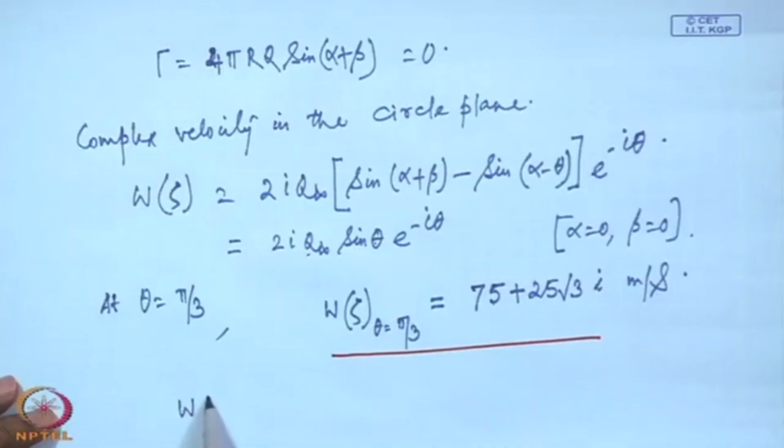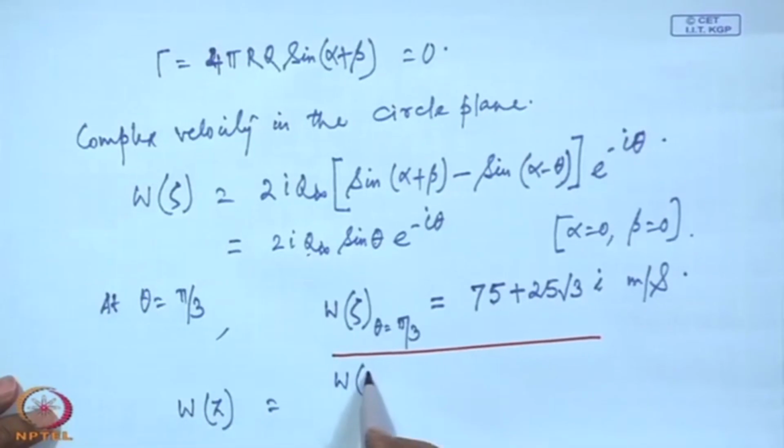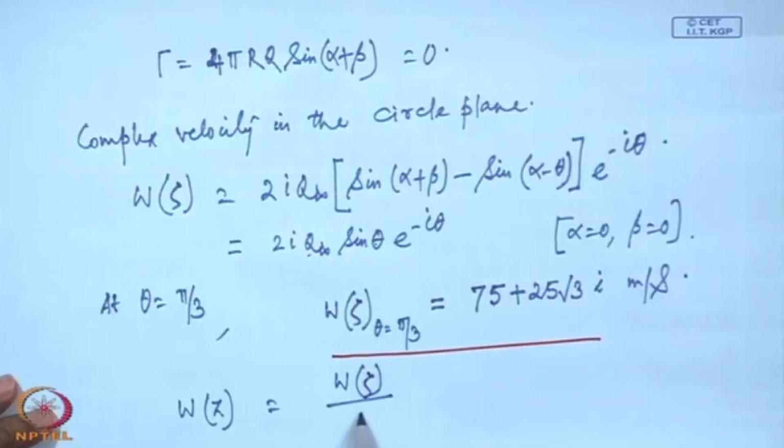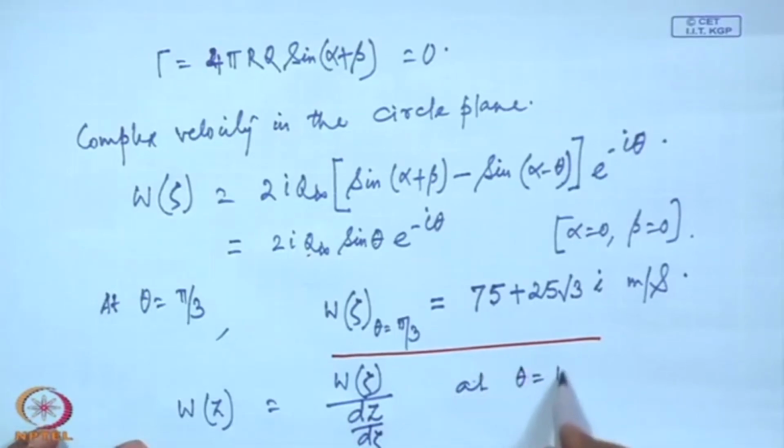We have w z equal to w zeta times d zeta by dz, everything at theta equal to pi by 3. This w zeta at pi by 3 we have already found, we have to find out what is dz by d zeta at theta equal to pi by 3.